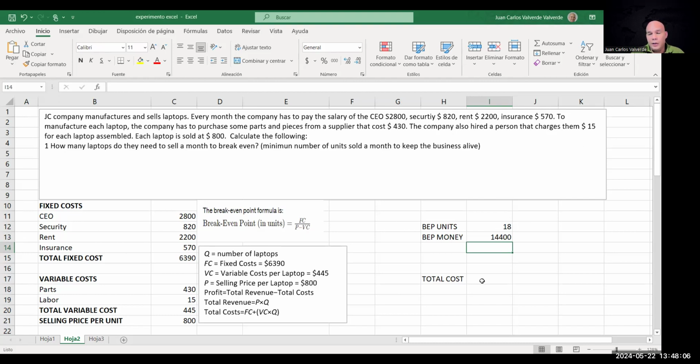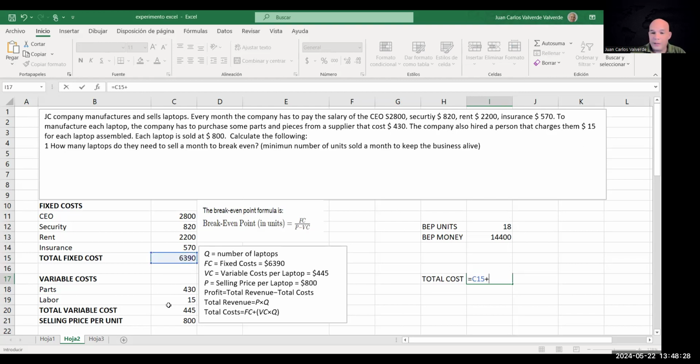Now, how do we find out the total cost? To calculate the total cost, we check this formula, and it says fixed cost plus variable cost times quantity. So let's do it. Total fixed cost is 6,390.